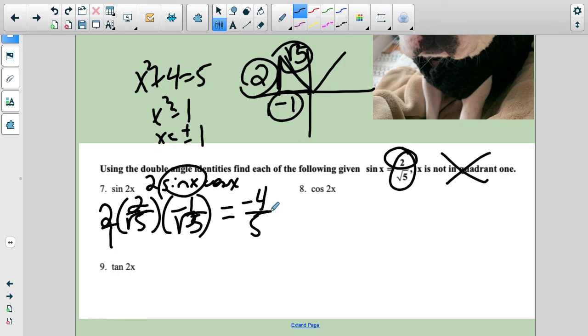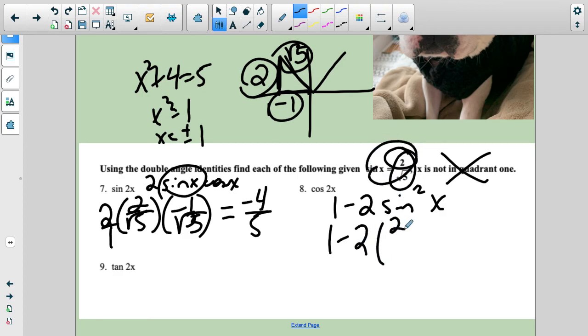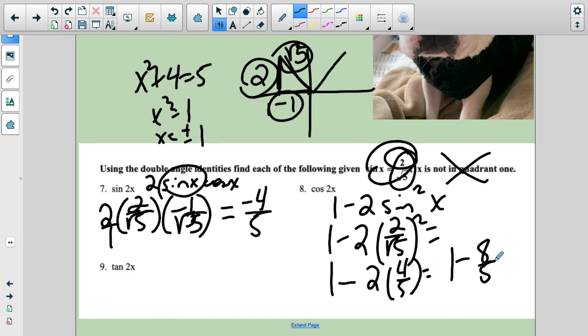For cosine 2x, I would use 1 minus 2 sine squared x, because they gave me this. So I have 1 minus 2 times 4 fifths. That gives me 1 minus 8 fifths.